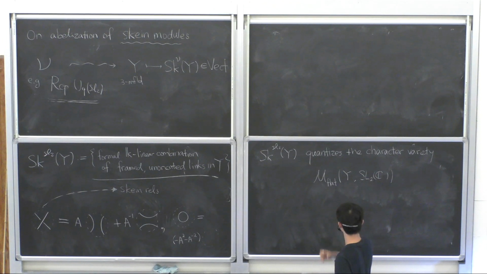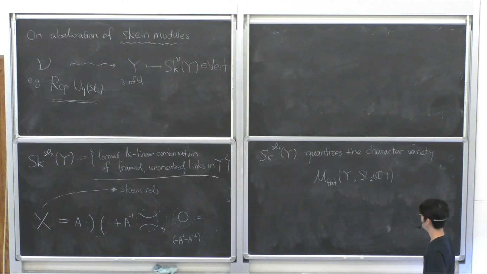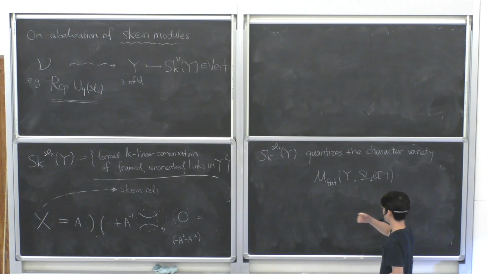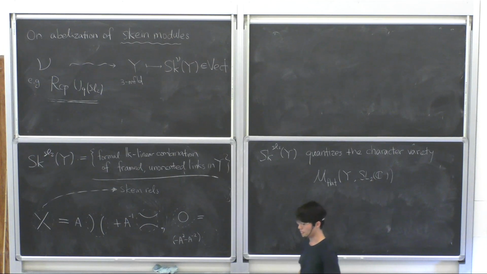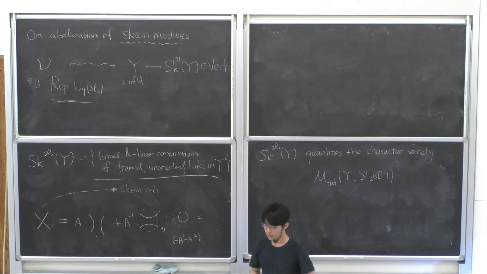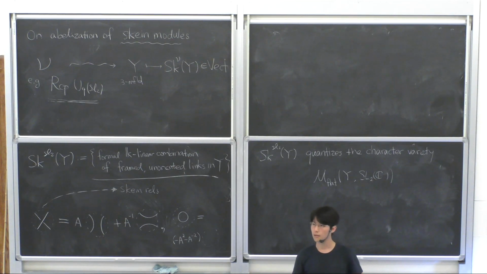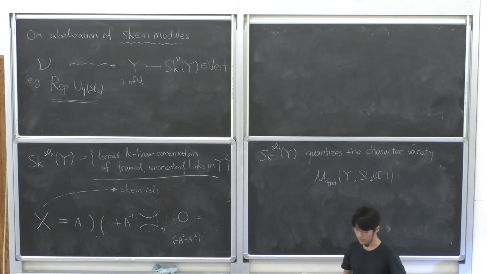Well, that was for the case of surfaces, but in fact, there is an analog for the case of three-manifolds. Indeed, in a recent work of Dan Freed and Andy Neitzke, they basically tell us what the natural three-dimensional analogs of spectral networks are.